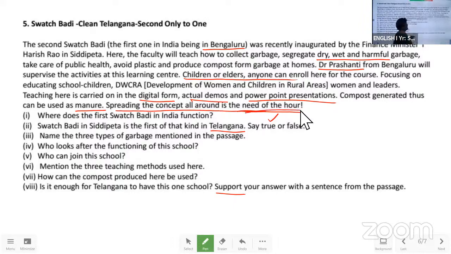We really need to spread the concept of such things, and that's why the line about spreading the concept being the need of the hour supports the answer. So I hope you have understood, children. Let's go on to the next.